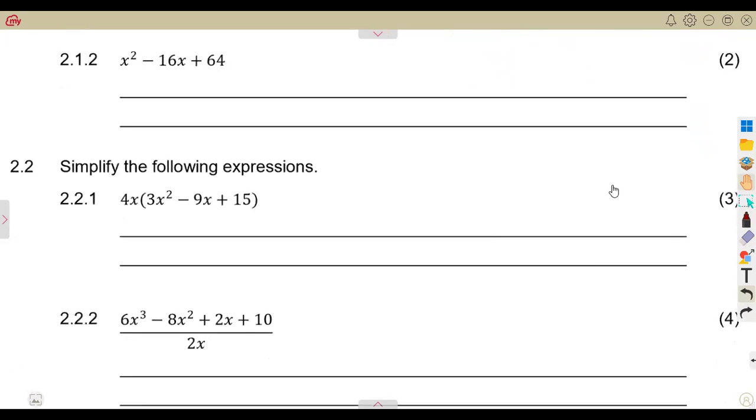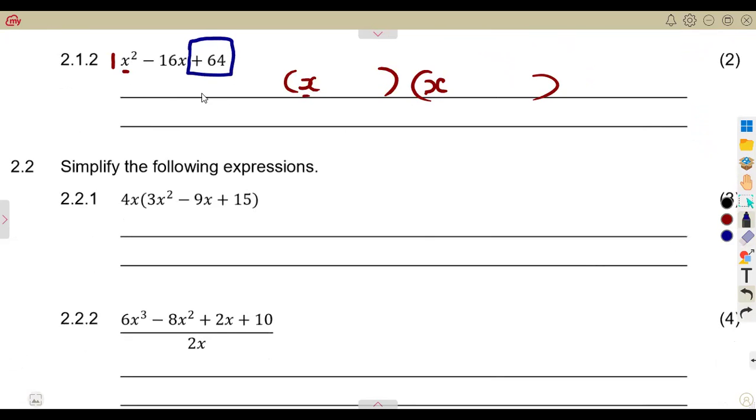Factorize again, we are given this one, x squared minus 16x plus 64. So there, guys, we just need 2 brackets to consider since this is 1. So we know that this will be x and this will be x. So that x times x gives us what? 1x squared. So how do you factorize? Remember, you focus with 64, the constant.